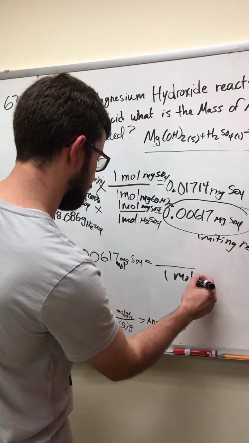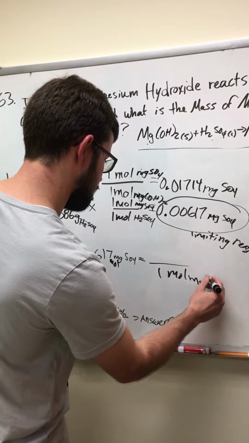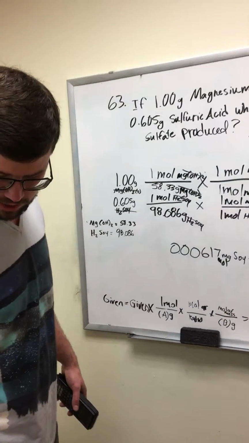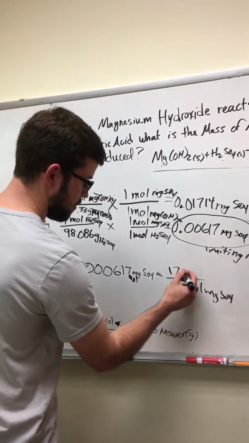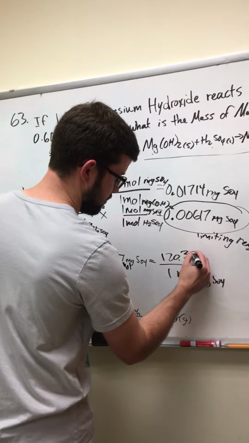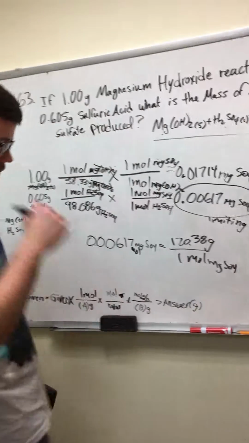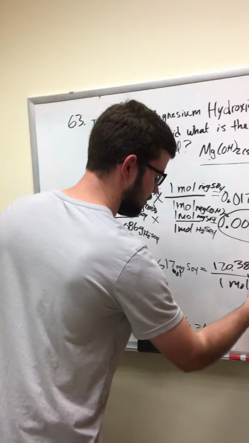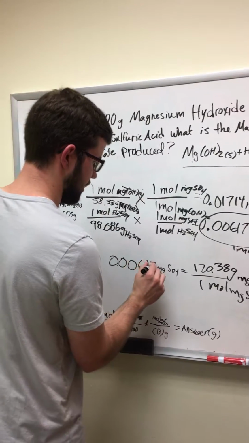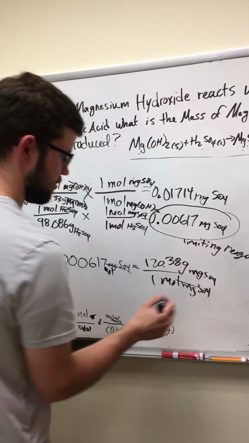So 1 mole magnesium sulfate, and that molar mass is 120.38 grams of magnesium sulfate, and that cancels out.